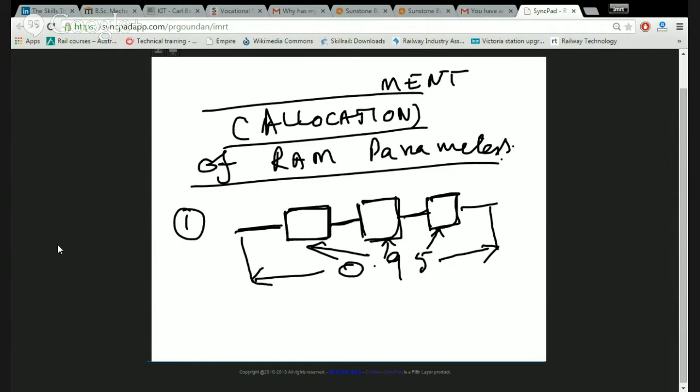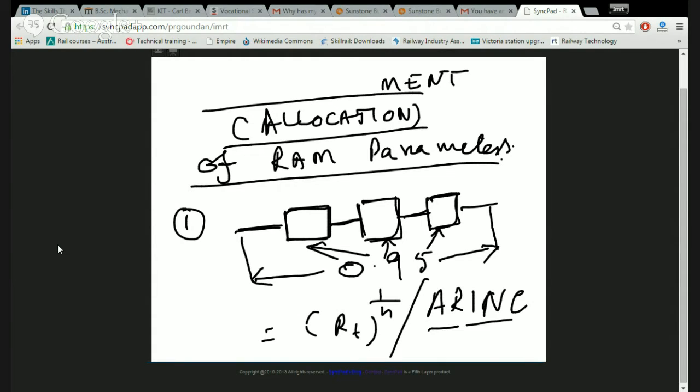So we saw 2 methods yesterday. One is the equal apportionment, give everybody equal. So the reliability you divide by 1 by n, if n systems are there, will be each system's reliability. The second method we saw was the Aeronautical Research Institute method, ARINC method.